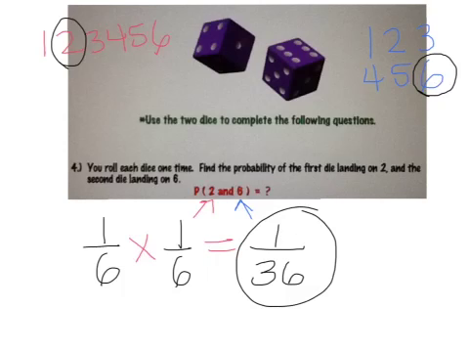I'm also going to skip the next few questions on this page. So later you can go on your digital version and fill those in just like we were doing with this. Make sure that you have information for the first die on one side, information for the second die on the other side, so you can get these 2 separate answers, and then multiply to get your final.